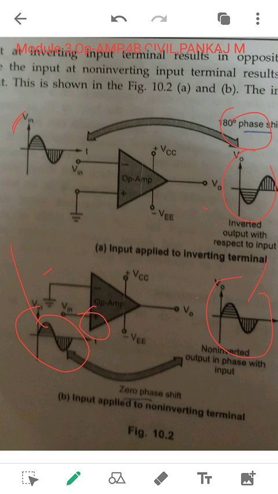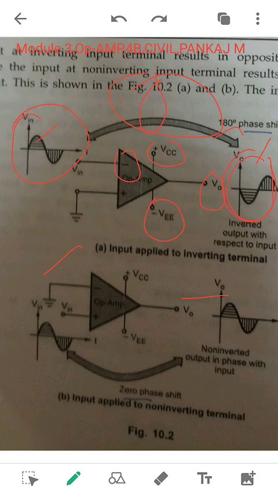And if you connect the input to the non-inverting input terminal, that is pin number 3, you will get an in-phase output. The output is in phase with the input. So you can observe that here in the figure. So these are the basic ideas about the operational amplifier.